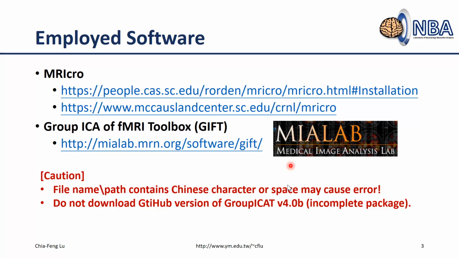The package from GitHub is actually incomplete. It is missing many different functions, and some of them are critical ones. So please do not download the GitHub version. Just download the Group ICAT version 4.0b zip file directly from their website. Do not download from GitHub. Okay.